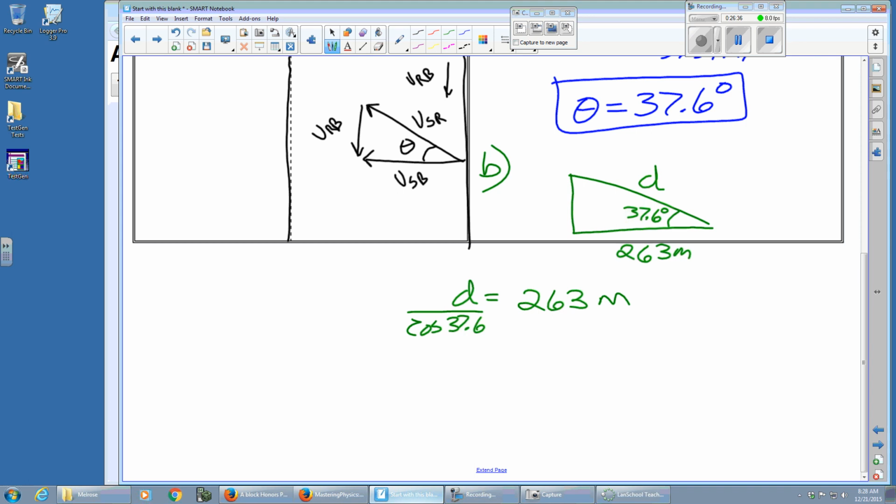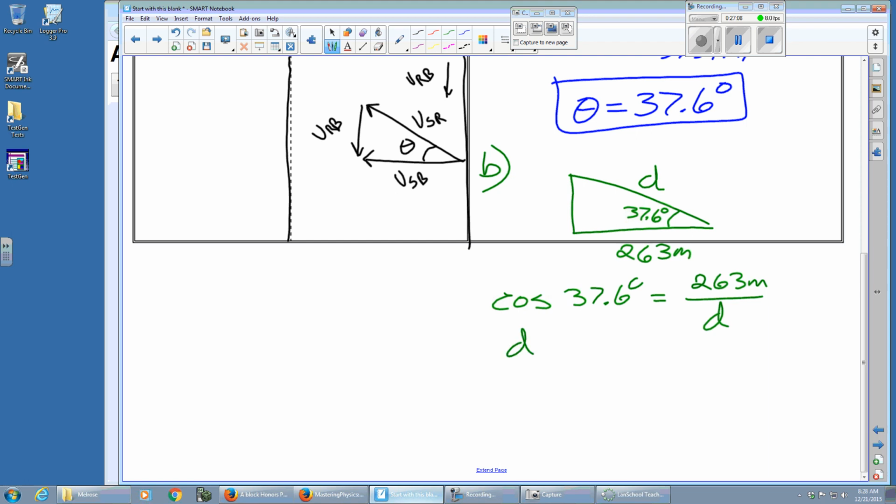What was yours? There you go. Okay. Wait a minute, that's not right. Let's see. No, sorry, I put that in wrong. Cosine must equal adjacent, 263 meters, over D. Oh, I did do it right.